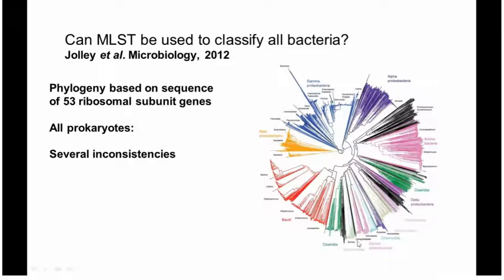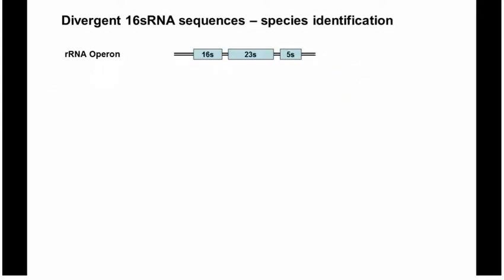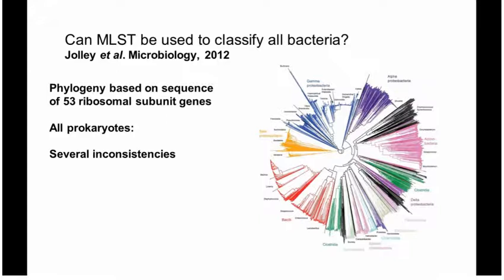And the same thing with the epsilon proteobacteria over there. So that's not right either. That doesn't correspond to everything we know about the biology of these organisms. So it's not really working. Trying to do high-level classification with multilocus sequence typing doesn't work all that well, really.